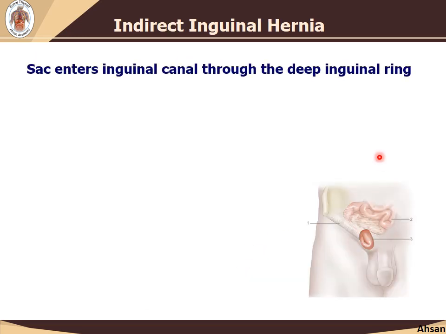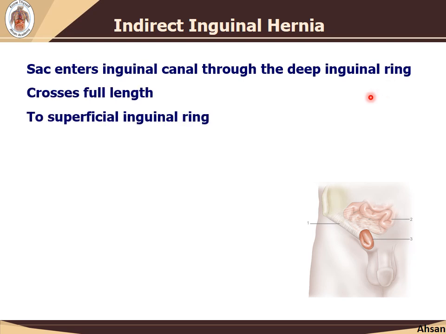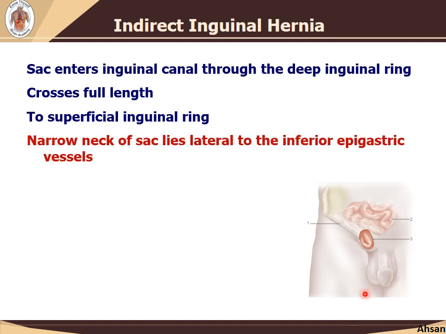So in indirect inguinal hernia, the sac enters the inguinal canal through the deep inguinal ring. This is the feature, and it crosses the full length of the inguinal canal, passes through the superficial inguinal ring to be in the scrotum.